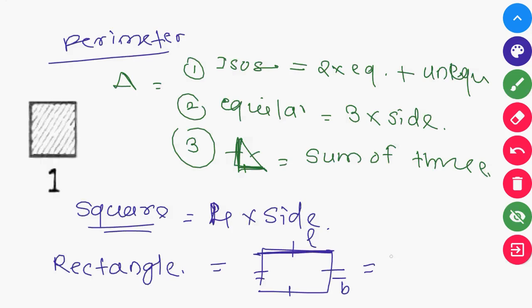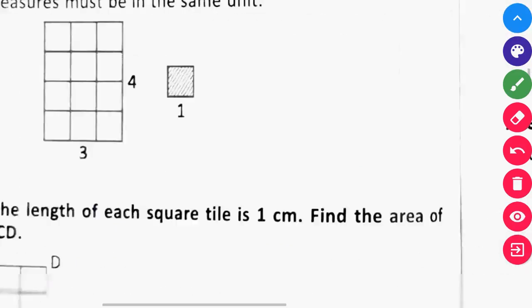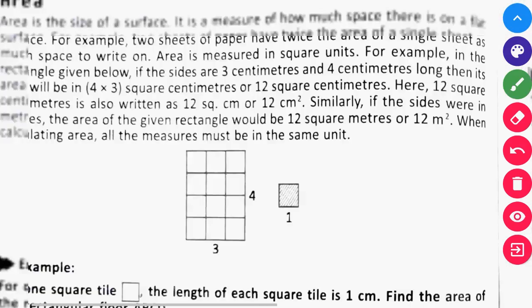So for the perimeter of a rectangle, the perimeter is 2 into (length plus breadth). Okay, means add length and breadth and multiply with 2, or double of it is its perimeter. Now using these three basic formulas of perimeter, we can calculate the perimeter of any irregular shape, and we had seen such examples in the last lecture.